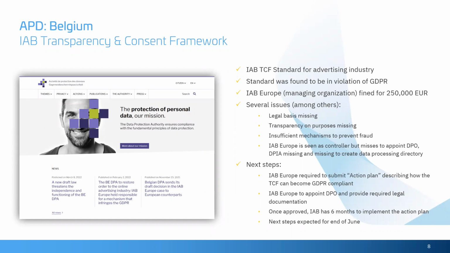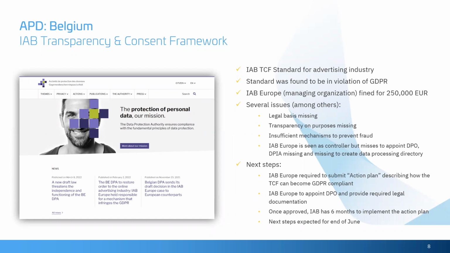They're also obligated to appoint a DPO and do some legal requirements. Basically, the APD will now check the action plan and see if they're fine with it. If they agree with the action plan, then the IAB will have 6 months to implement it, and then change the TCF accordingly.